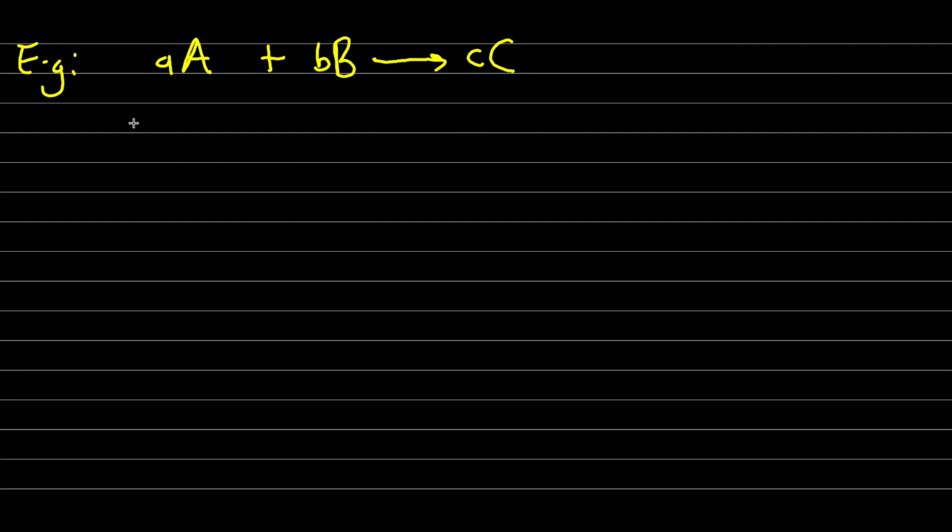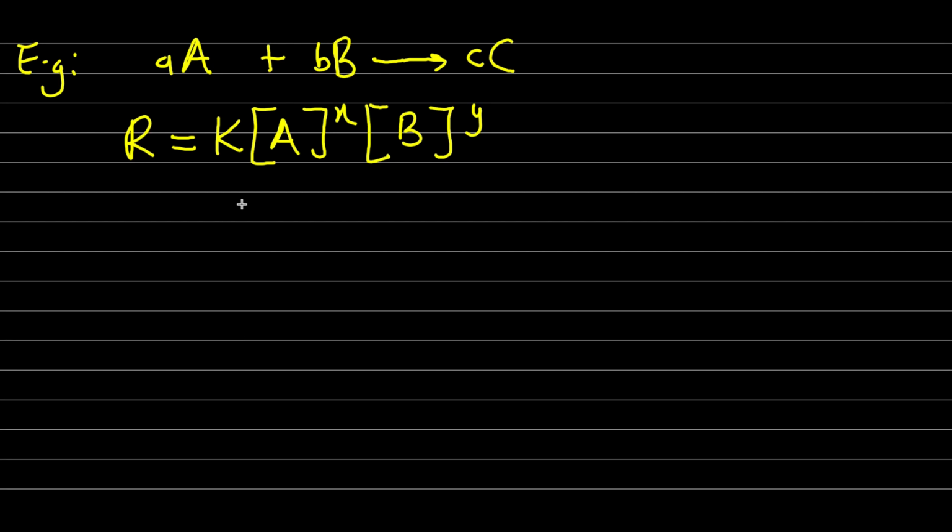So our rate law for this will be R equals k, concentration of A raised to the power of x, times concentration of B raised to the power of y.